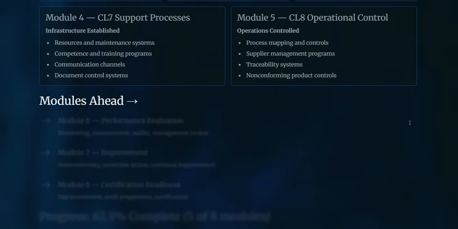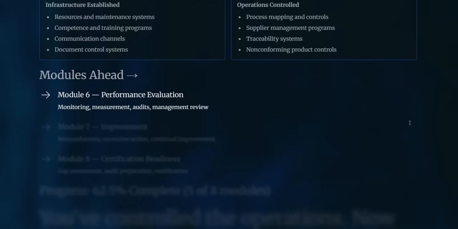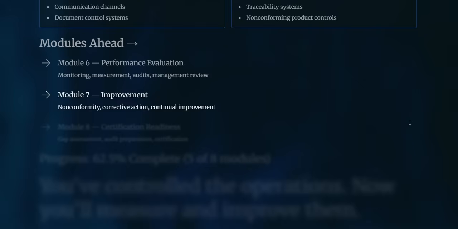The modules ahead: Module 6, performance evaluation, will cover monitoring, measurement, audits, and management review. Then Module 7, improvement, will cover nonconformity, corrective actions, and continuous improvement. And then Module 8, certification readiness, will include gap assessment, audit preparedness, and certification.